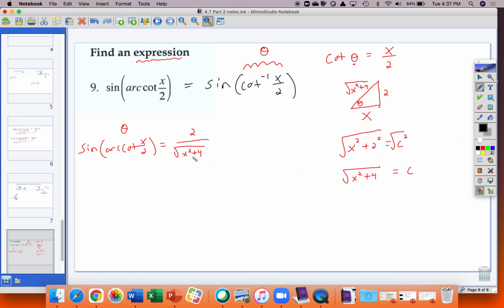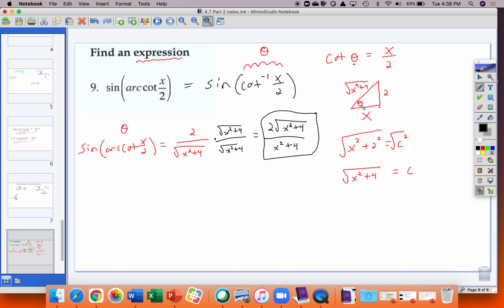And because I don't like this radical in my denominator, I'm going to rationalize it by multiplying the top and the bottom by the square root of x squared plus 4 to give me 2 square root of x squared plus 4 over x squared plus 4. And this is the expression that represents the sine of this angle that's created by x and 2.